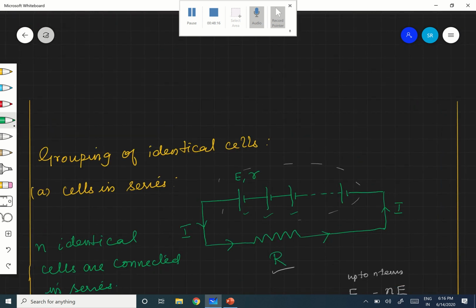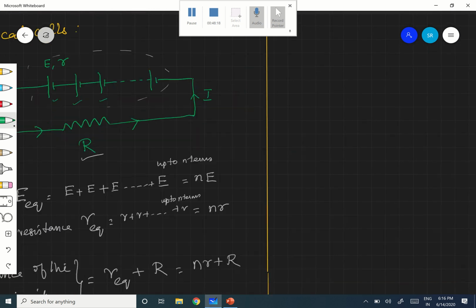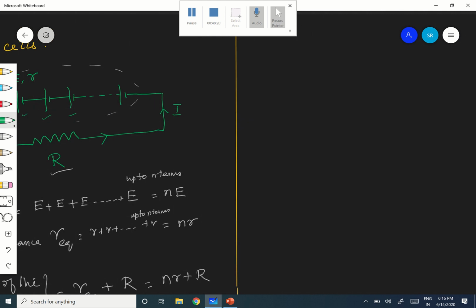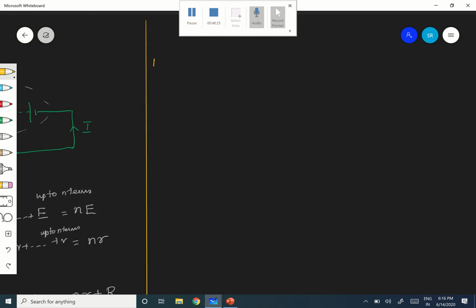Now, cells in parallel. So the next one is B: identical cells in parallel. I have so many cells, n number of cells.